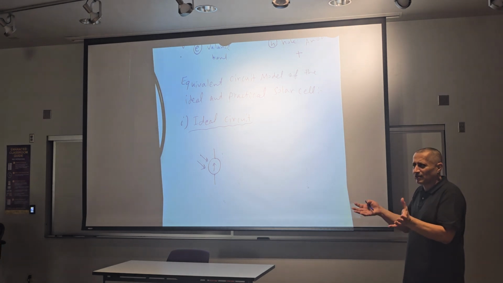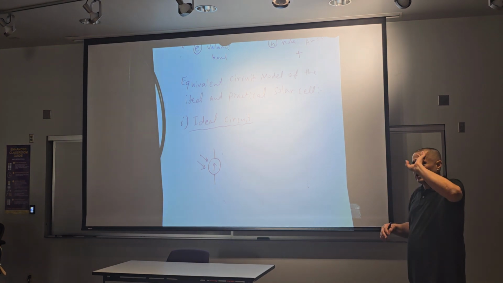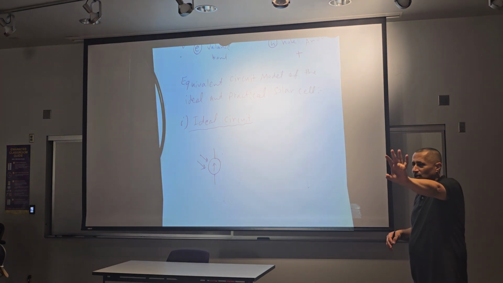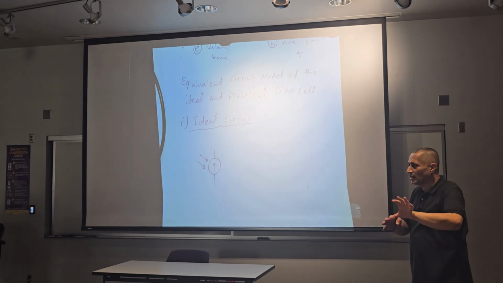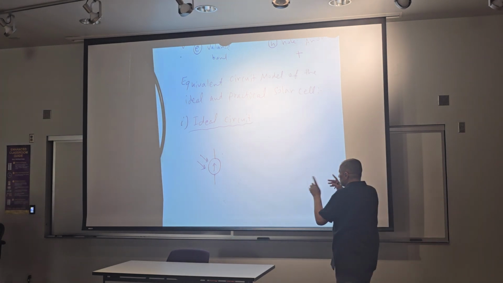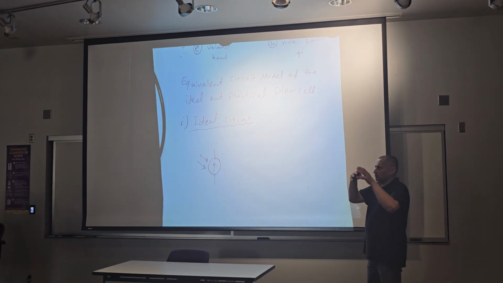This is an emulator, but actually it's set up as a solar cell outside of the building, okay, to take the actual temperature and actual light from the surrounding, from the sun or from anywhere.